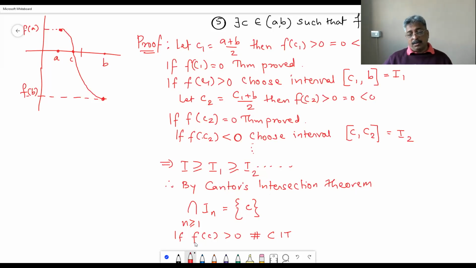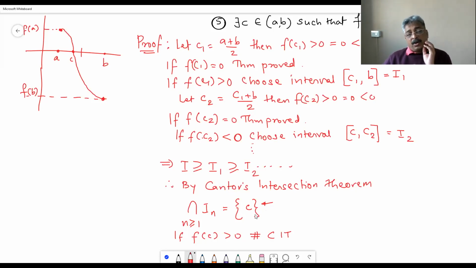Now, if f of C is greater than 0, then you have not arrived at that point correctly. Is that right? Is it contradiction to Cantor intersection theorem? If it is greater than 0, then we can say that we can again take an interval. Yes, but then that is what I mean when we say that we have reached the stage where we have caught hold of C.